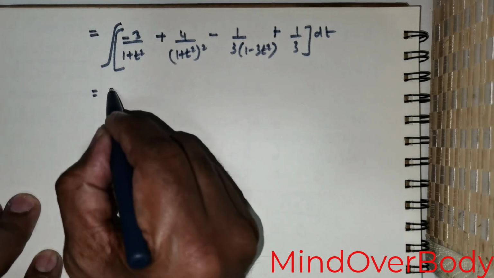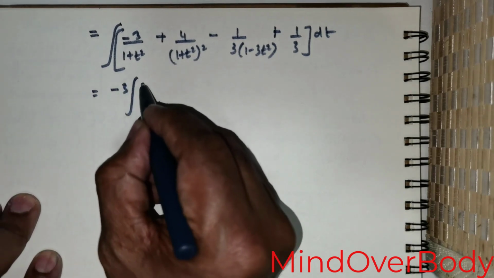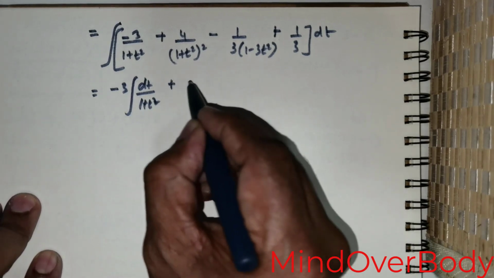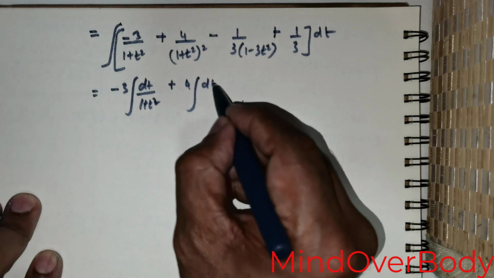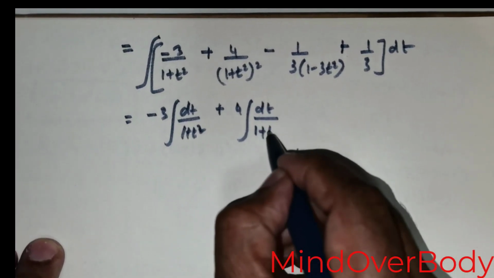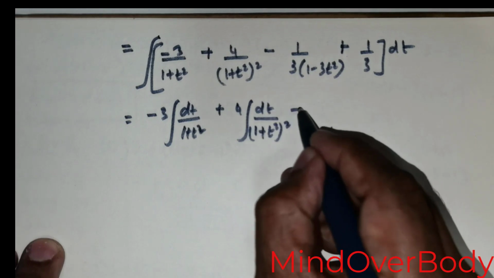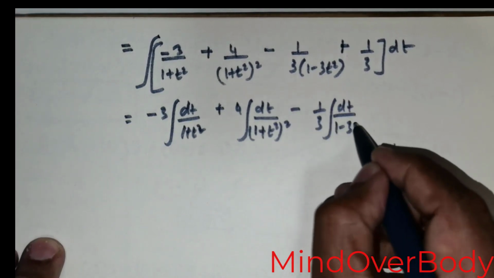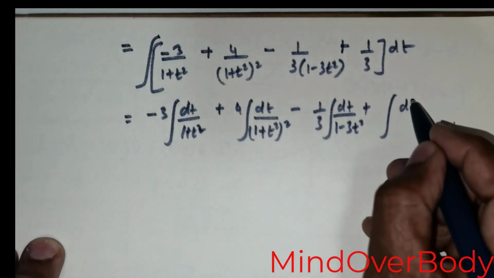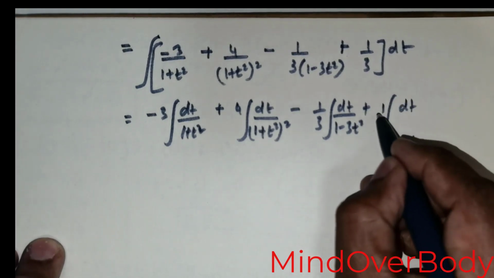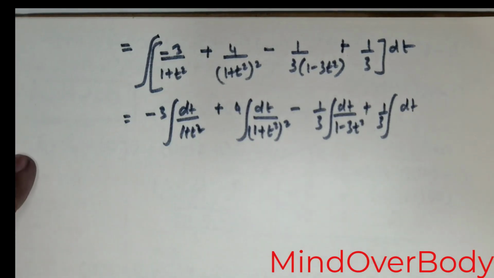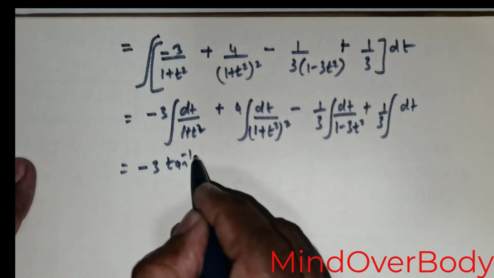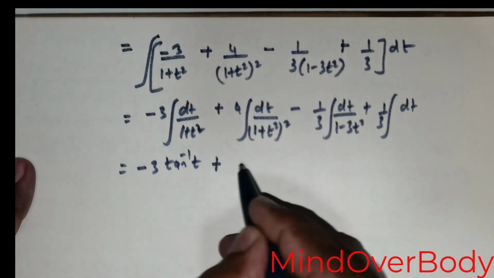So I'm going to rewrite this as negative 3 times integral dt over 1 plus t squared, followed by plus 4 times integral dt over 1 plus t squared raised to the power 2, minus 1 over 3 times integral dt over 1 minus 3 times t squared, followed by integral dt with constant 1 over 3 on the outside.